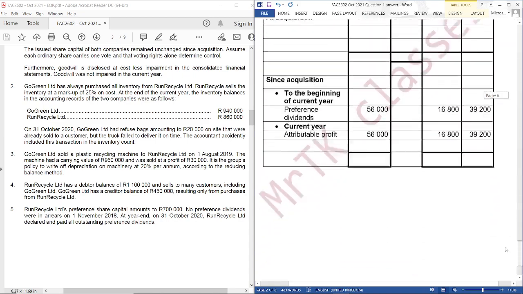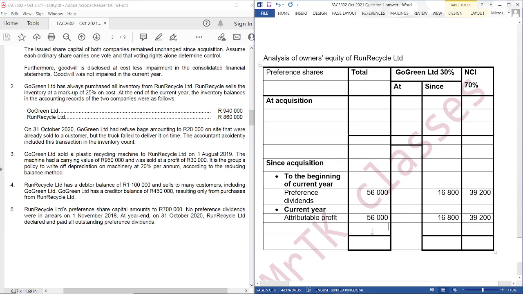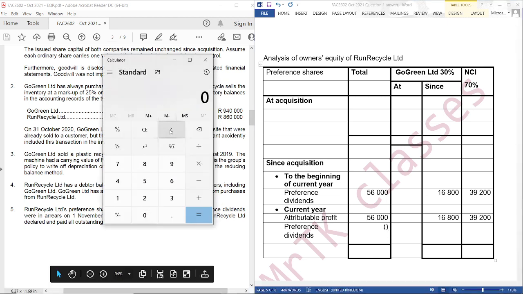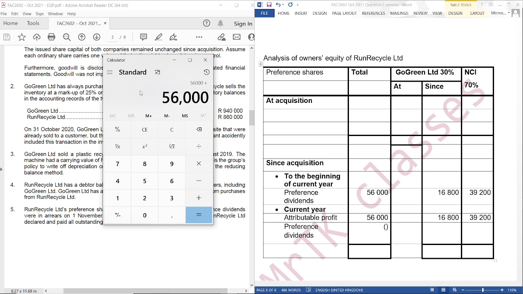Okay, then let's go back. Run Recycle Limited declared and paid all outstanding preference dividends. So this is about declaration of dividends. So I'm going to say preference dividends, declared and paid all outstanding dividends, 56,000 plus 56,000.